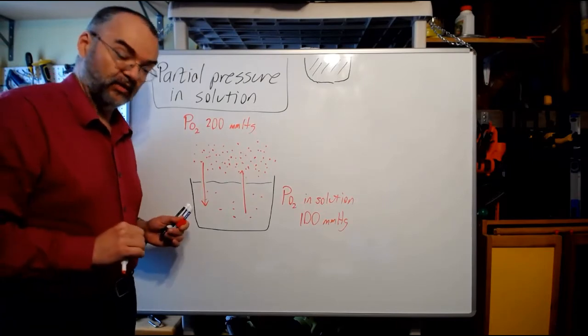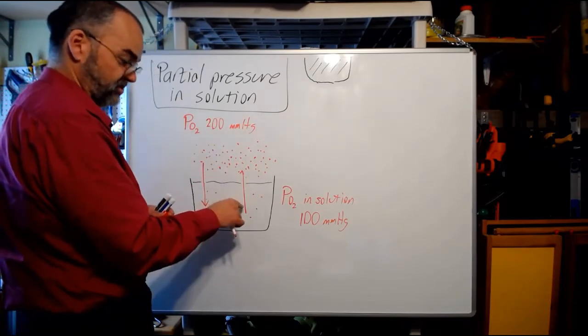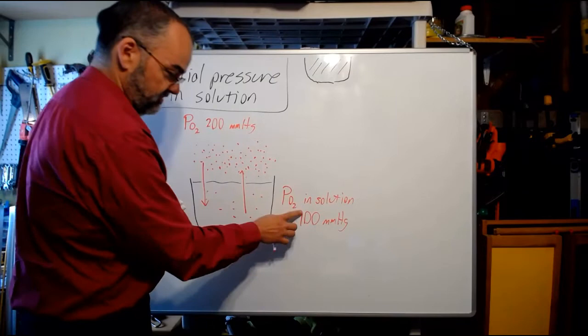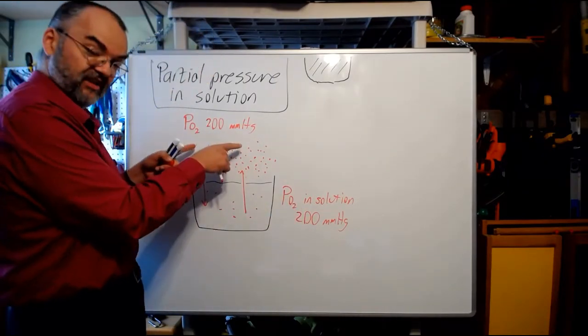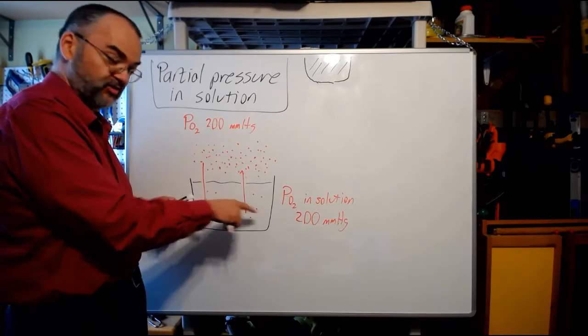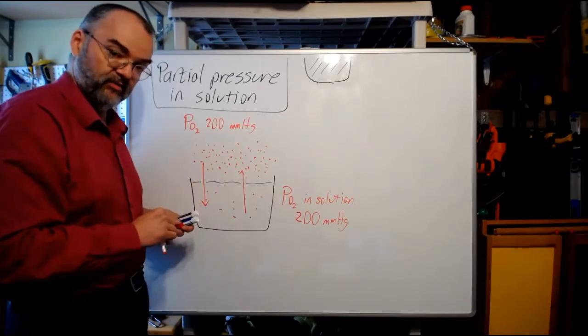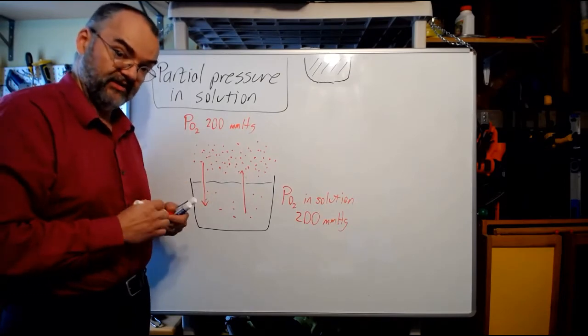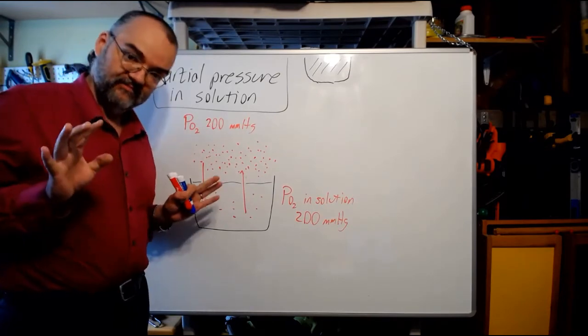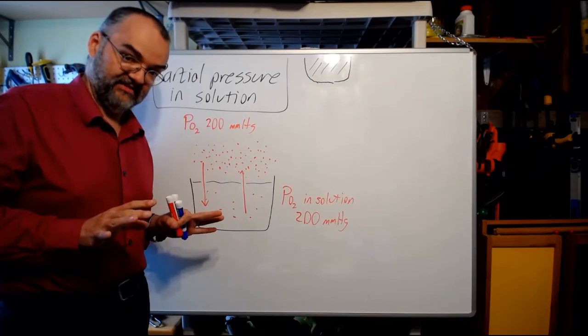Now that it's at equilibrium, the partial pressure in solution is by definition matching the partial pressure outside. So when I raised this, oxygen did move into solution until this reached equilibrium. Still not the same concentration, but there's more in solution now than there was. Okay, hopefully that makes some sense.